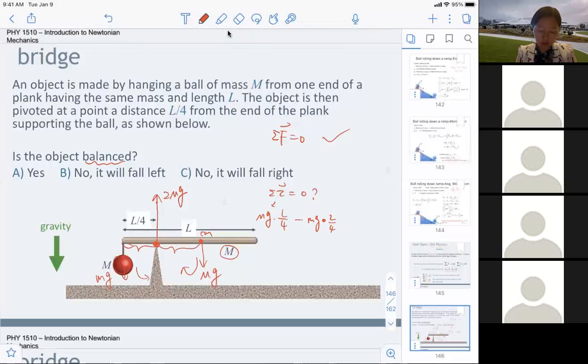The same distance and same force, so the torque is also balanced. 2 mg is right at the pivot point, so that doesn't give us any torque. So you can see, yes, it is possible to balance this setup because all the forces and all the torques are balanced.